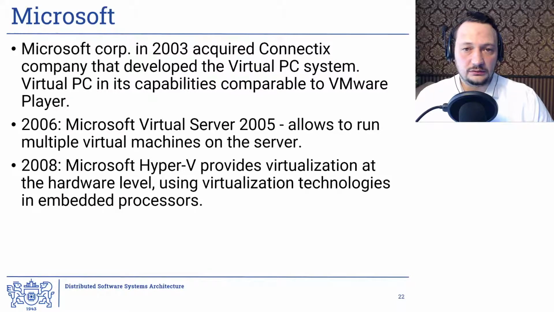It was transformed into Microsoft Virtual Server in 2005, 2006. And in 2008, Microsoft provided their own Hyper-V product. Today, Microsoft Hyper-V is the basic virtualization solution that is available in the operating systems of Microsoft Corporation.